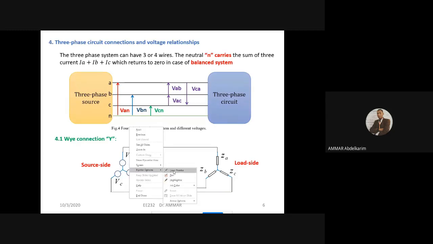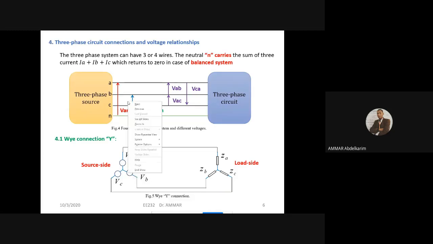Saying ground is easier than saying neutral. So these voltages, for example AN, BN or CN, are phase voltages. We call them phase voltage, or phase to ground, or phase to neutral.